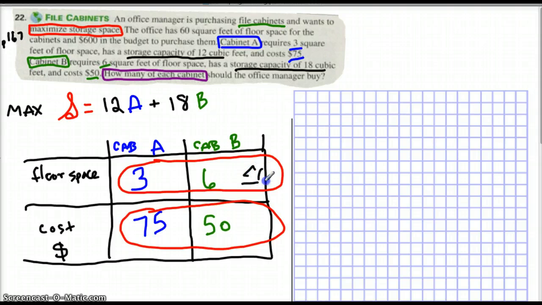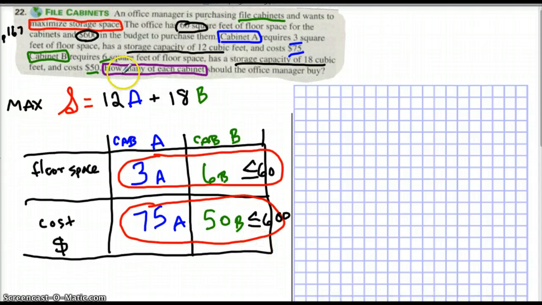So you got less than or equal to 60 for floor space, and they have $600 in the budget to buy them with. Well, here's the dollars. We got to be less than or equal to 600. And now these variables will come down the columns. A and B, and we have our equations now.